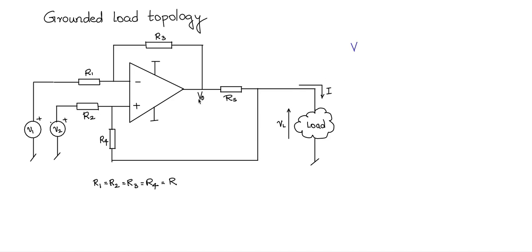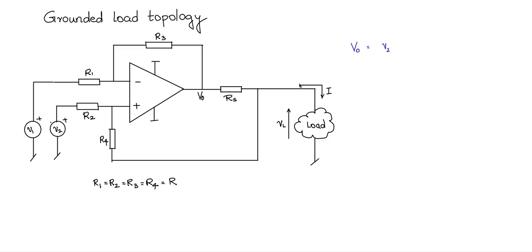So V0, what is this V0? This V0 is coming from all these three points, V1, V2 voltage and VL voltage. All these are going to superpose accordingly and you are going to get the output. So let me superpose them. First I will take V2 and VL.